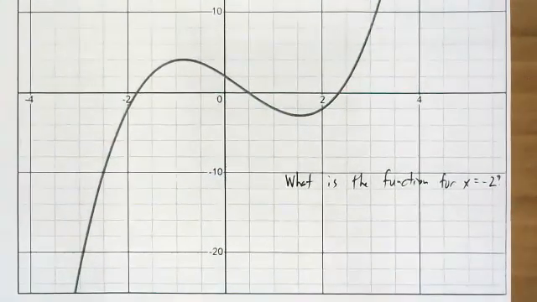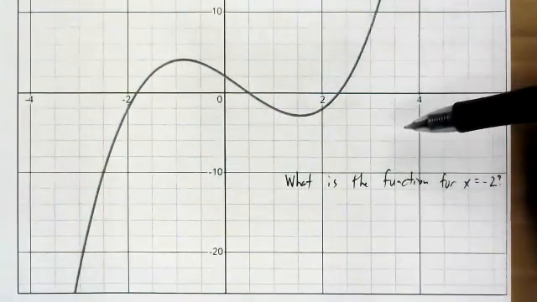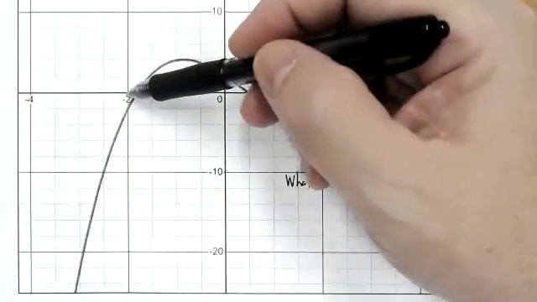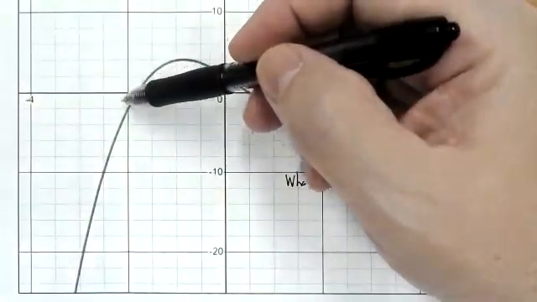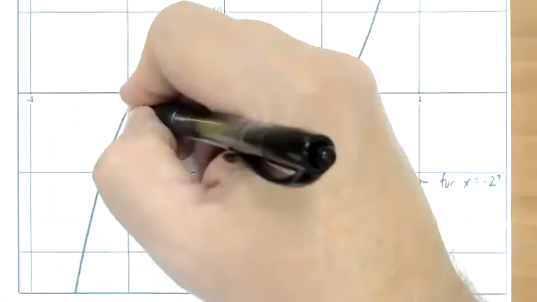What is the function for x equals -2? Okay, x equals -2 tells you which point you're looking at on the graph, right? So if we look once again, x equals -2 is right here. Once x is -2, we go down to the actual point on the graph.